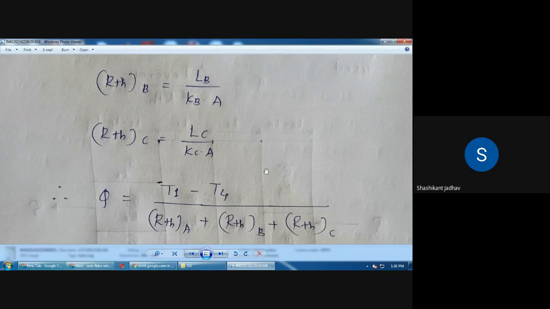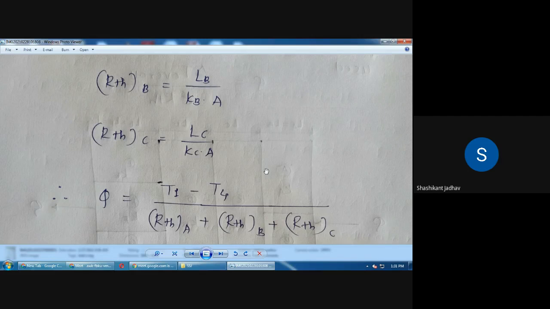Can anyone tell me, if there are n number of slabs, then what is the change in this equation? Okay, first of all, you have to complete this. Q is equal to T1 minus T4 divided by thermal resistance of A plus thermal resistance of plate B plus thermal resistance of plate C. So this is the standard equation in the form of thermal resistance, okay, for the three layers.